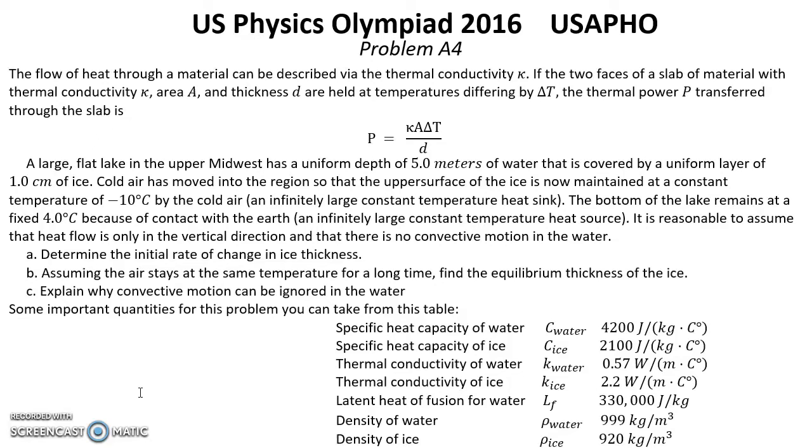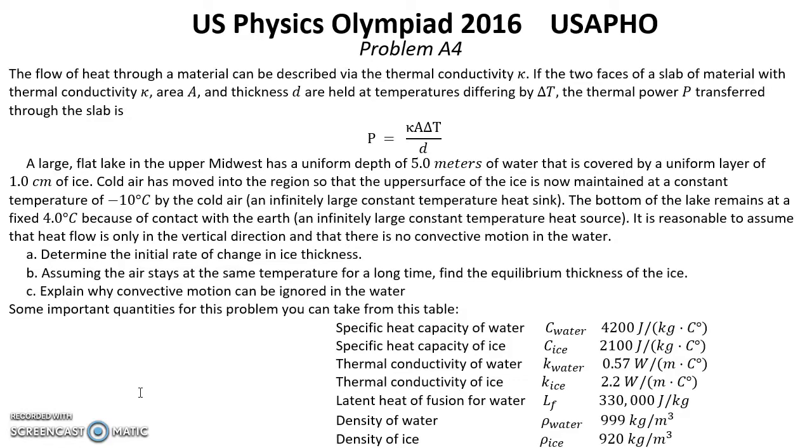Cold air has moved into the region so that the upper surface of the ice is now maintained at a constant temperature of negative 10 degrees Celsius by the cold air, an infinitely large constant temperature heat sink. The bottom of the lake remains at a fixed 4 degrees Celsius because of contact with the earth, an infinitely large constant temperature heat source.